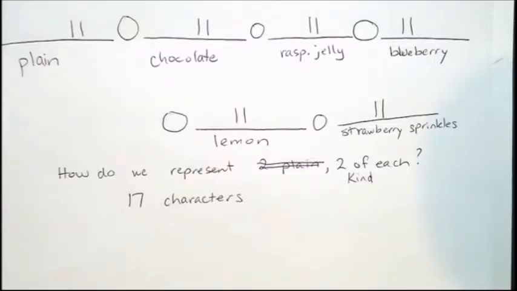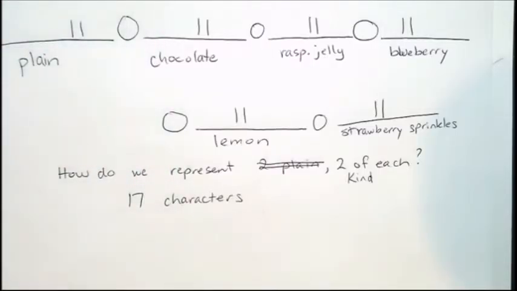I might get the order in different orders, but it's going to be in the same form. So I could even feed this to a computer, and it could actually spill out all of the donuts we needed into a box, because it would always be in the same order. Always get the plain first, then the chocolates, then the raspberries, then the blueberries, then lemons, then strawberry sprinkles.